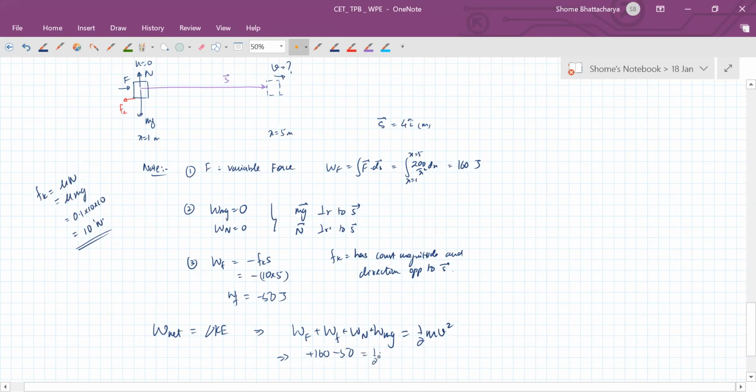This should be equal to half into 10 into v square. So v will become, this is going to be 110, so 11, so square root of 22 meters per second. So this should become the answer. Okay, so just make a note of this, people.